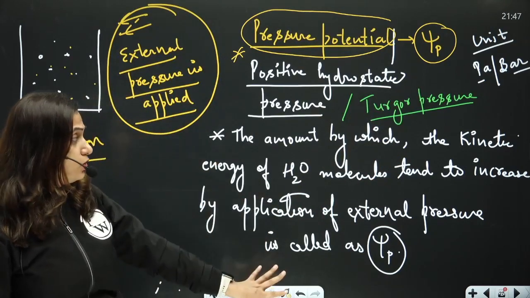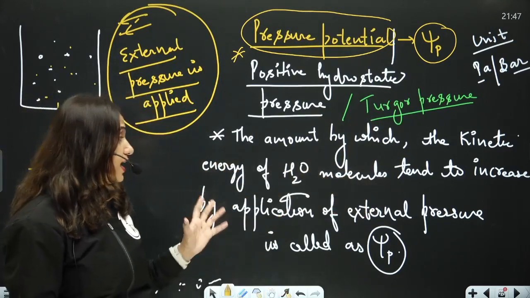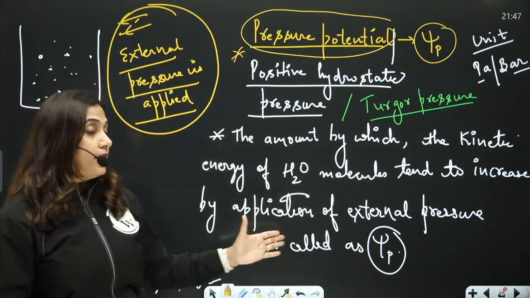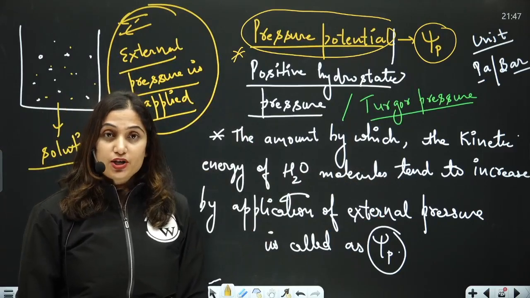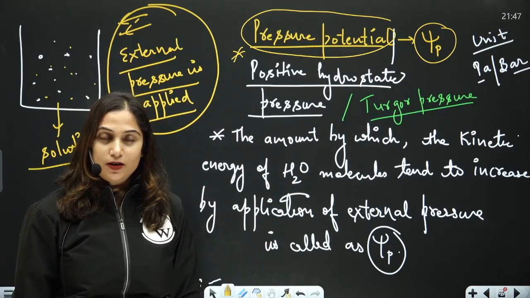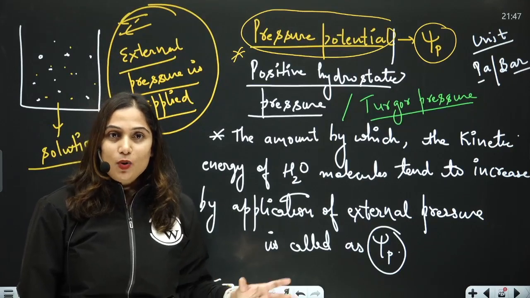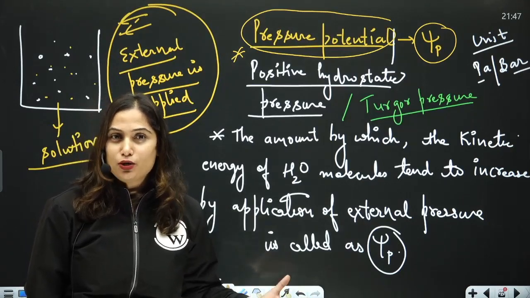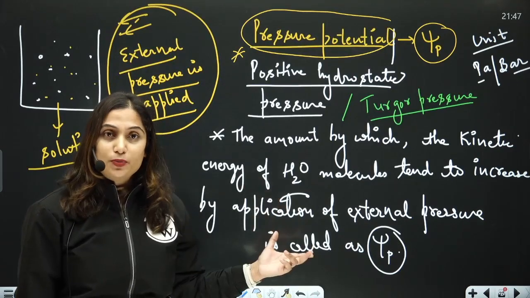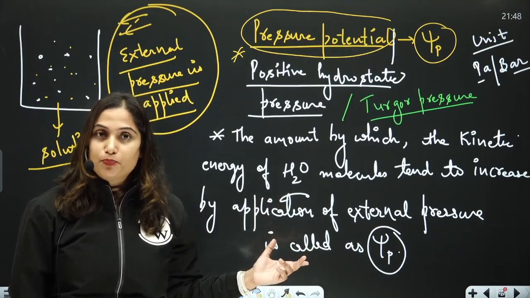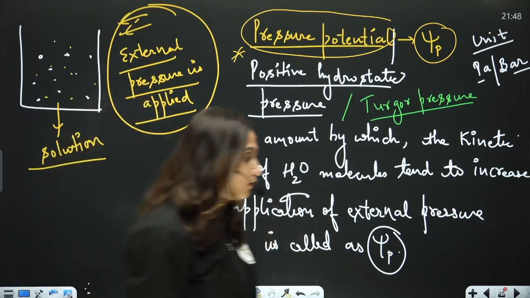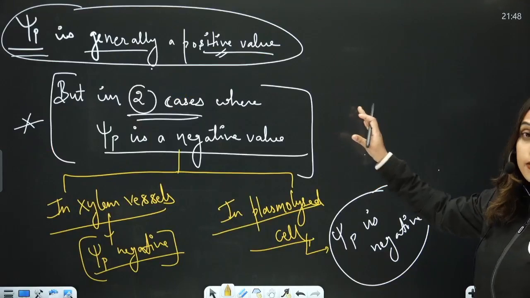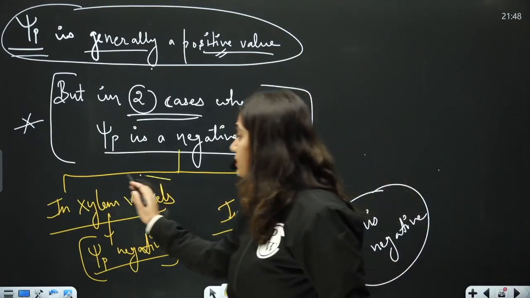So this is written over here: the amount by which the kinetic energy of water molecules tends to increase when there is application of external pressure, that is pressure potential. So psi W and psi S were negative values, or 0 for pure water. But pressure potential is generally a positive value, right?